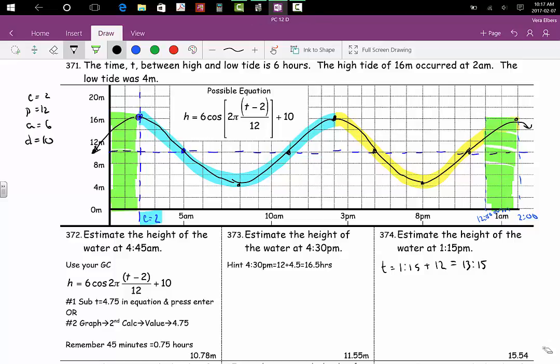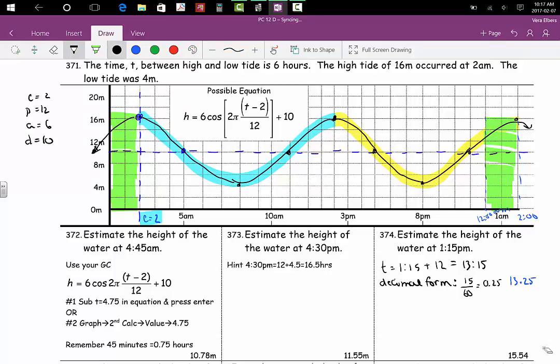But in order to plug that into the equation, we need the decimal form. Which means we have to take the 15 and convert it into a decimal, so 15 over 60, which gives you 0.25. So our time then is 13.25 hours. And that's the number you're going to plug into your formula.